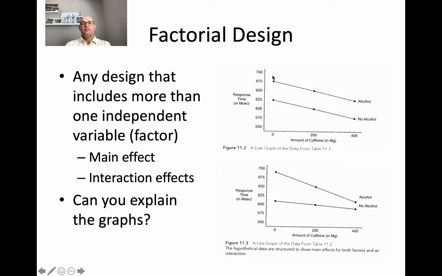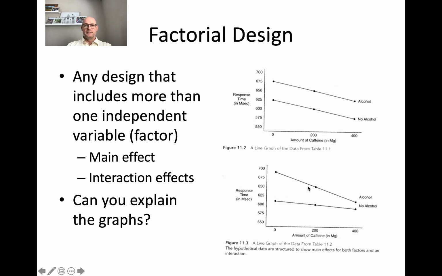If you don't have any alcohol, your response time is faster than those who have consumed some sort of alcohol. Now, in this first model, the relationship between alcohol and response time is constant regardless of the amount of caffeine. In other words, the difference in response times between alcohol and non-alcohol is the same.